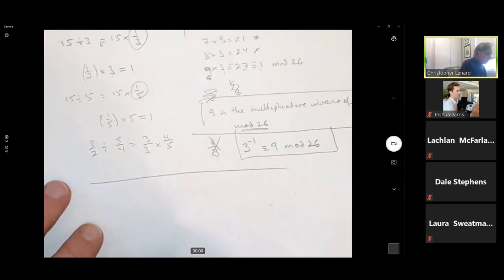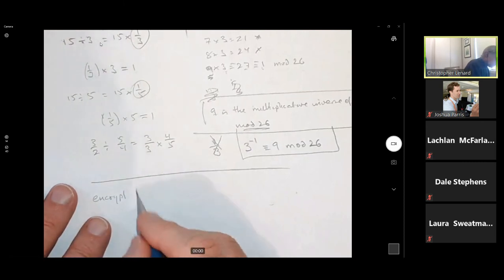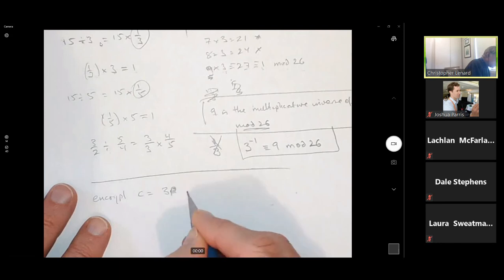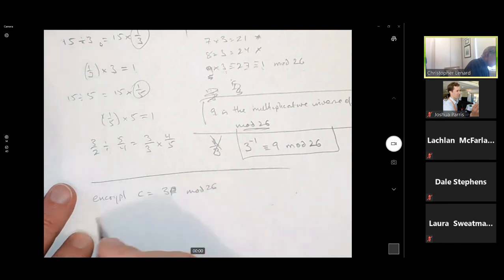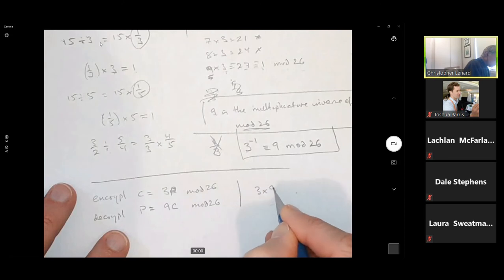So the encryption is the ciphertext is 3 times the plain text number, mod 26. The decryption is the plain text is 9 times the ciphertext number, mod 26. And the connection between the 3 and the 9 is this.